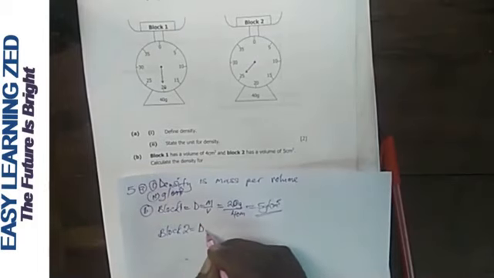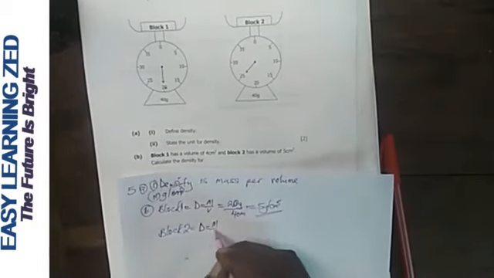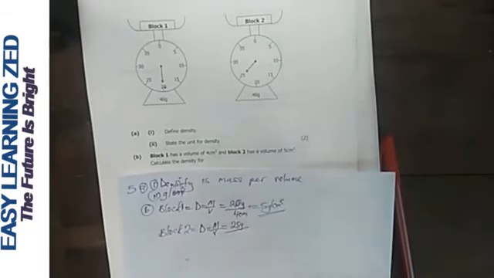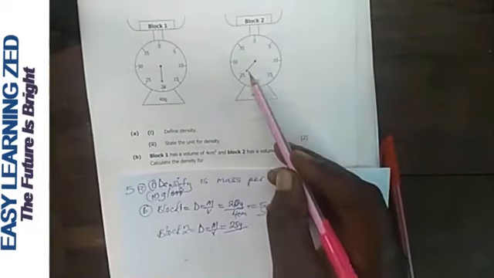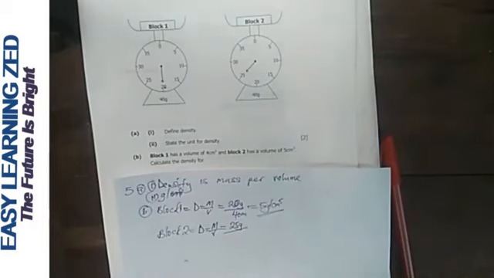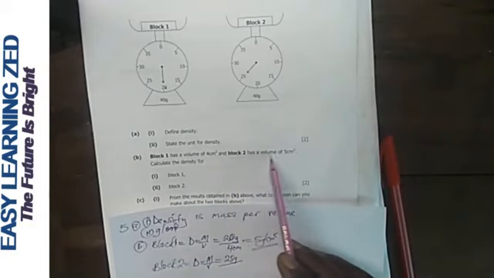Now block 2. Density is equal to mass over volume, which is 25 grams over the volume. Where is this 25 coming from? It's coming from here, the reading is 25 here. We are told that block 2 has a volume of 5 centimeter cubic, so it is over 5 centimeter cubic.